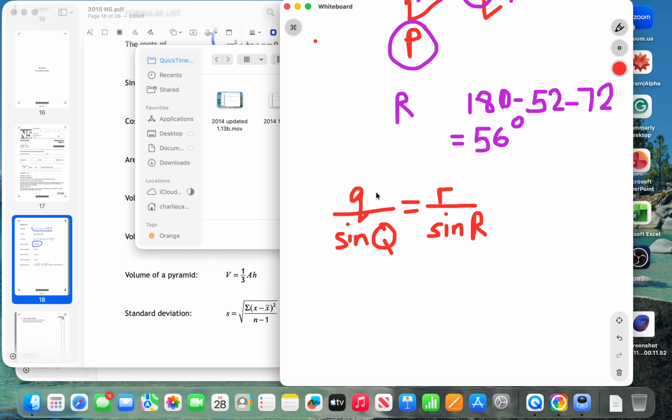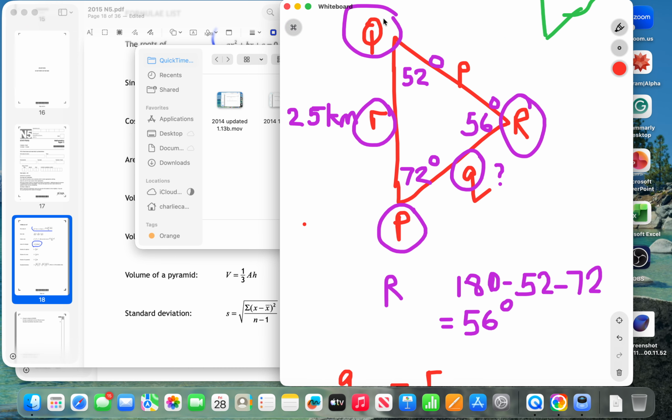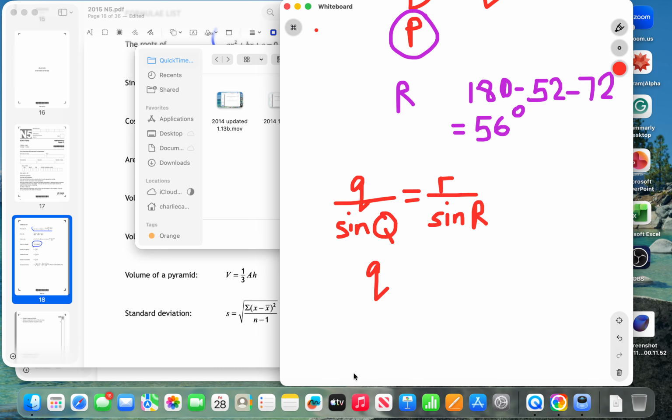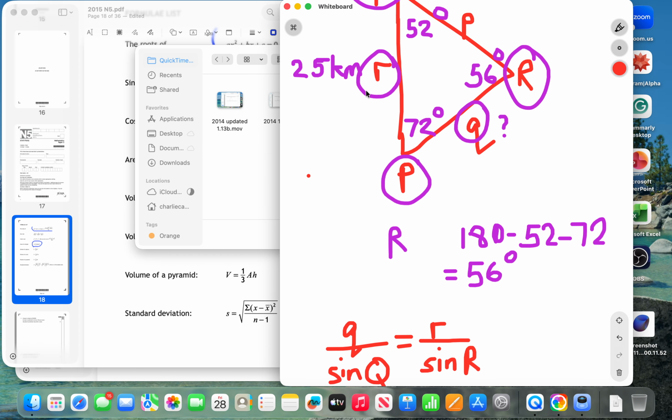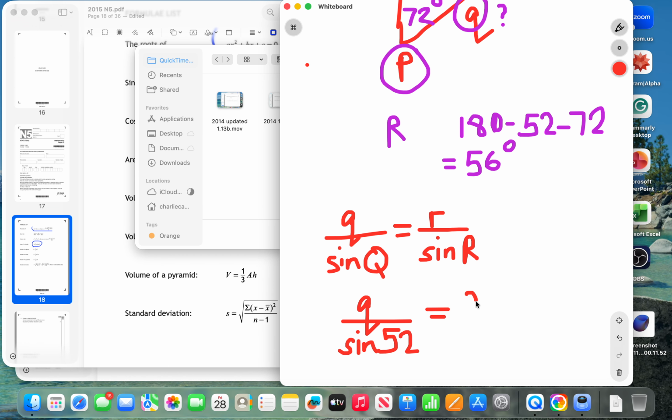Small q is what we want to find out. The angle Q is 52, and you must write sine of 52. Do not write 52. R, that's 25. And the sine of R is the sine of 56. Again, you must put sine of 56.